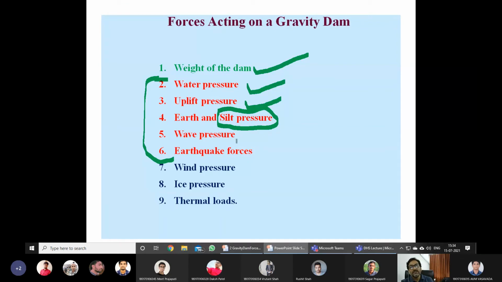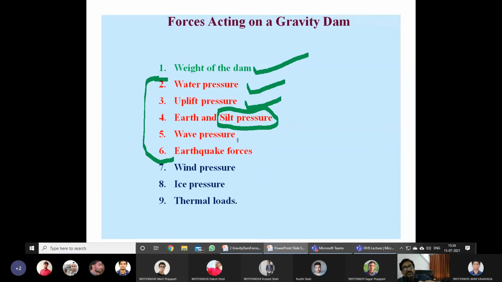What is wave pressure? Waves are generated when wind blows on the surface of the lake. Lakes like river lakes, or these reservoirs, are very long, having a backwater impact up to say 50, 100, or 200 kilometers in certain cases. The backwater effect means the net normal depth of the channel has been increased.